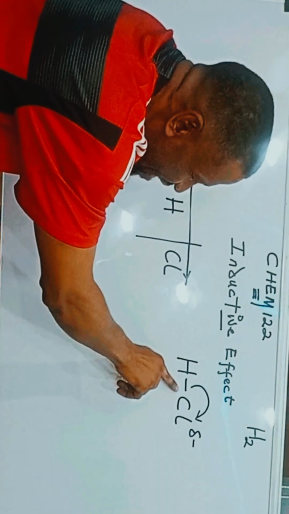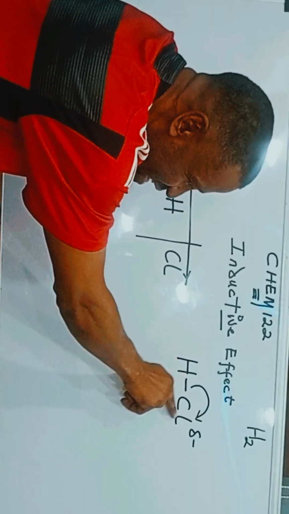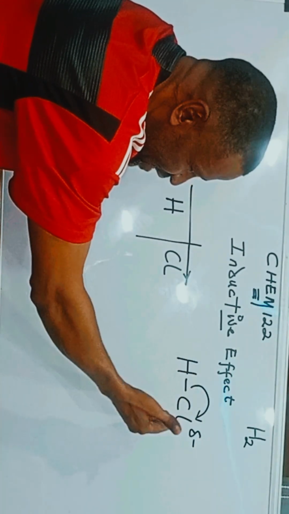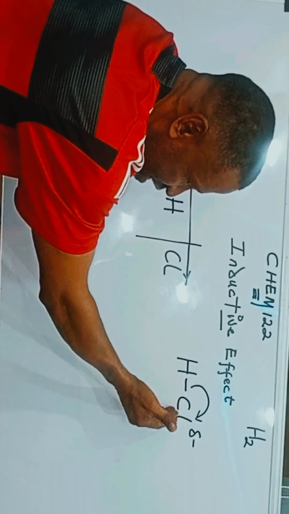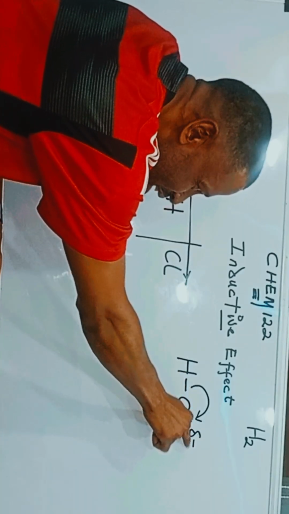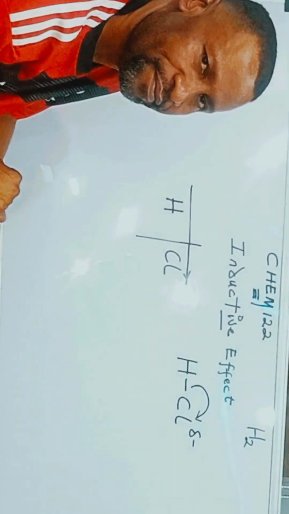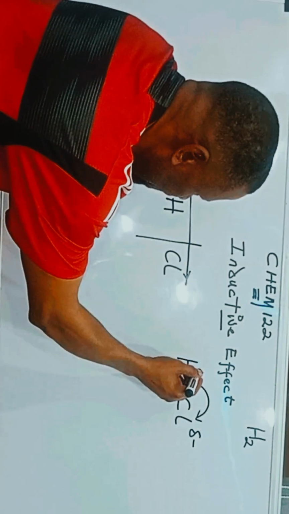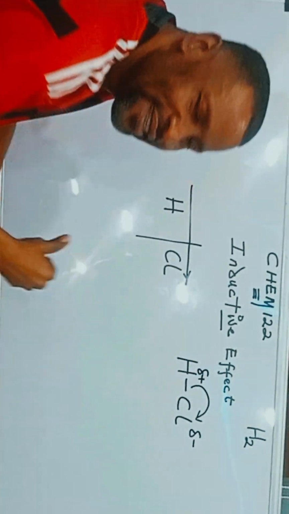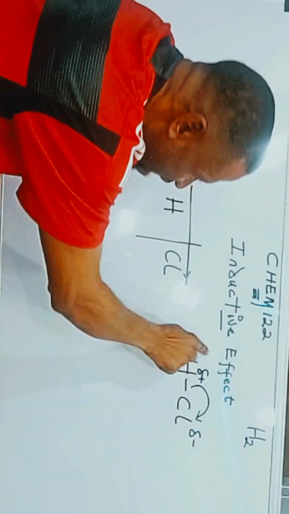Now, chlorine is shifting the electron density here towards itself, which is like gaining electrons. But because it doesn't gain the electrons outright, it's just a mere shift of electron density towards itself, it will develop a partial negative character, leaving hydrogen here with a partial positive character. So you see that in a compound like this, we have internally separation of charges, negative and positive.